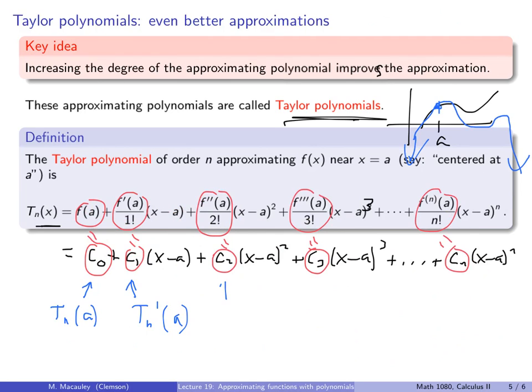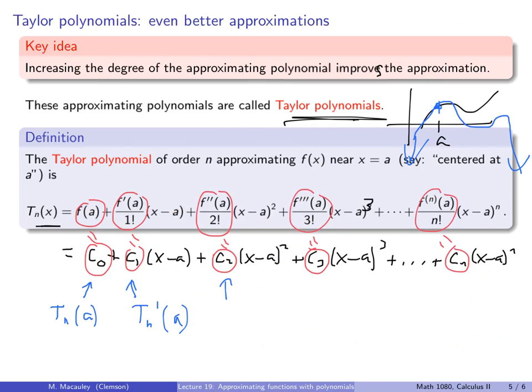Okay, what about c2? To pick off c2, I take two derivatives. That gets killed off, that gets killed off. Good. This becomes a constant. Careful, what constant does it become? It's not c2 anymore.